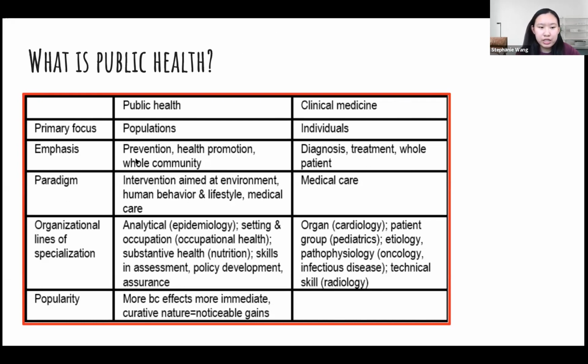As we see in the next point, the paradigm, the intervention is aimed at environment, human behavior and lifestyle, and medical care. So we are not necessarily innovating so that individual people can get better treatment. Instead, we are trying to innovate in a way that will promote health among the entire population.